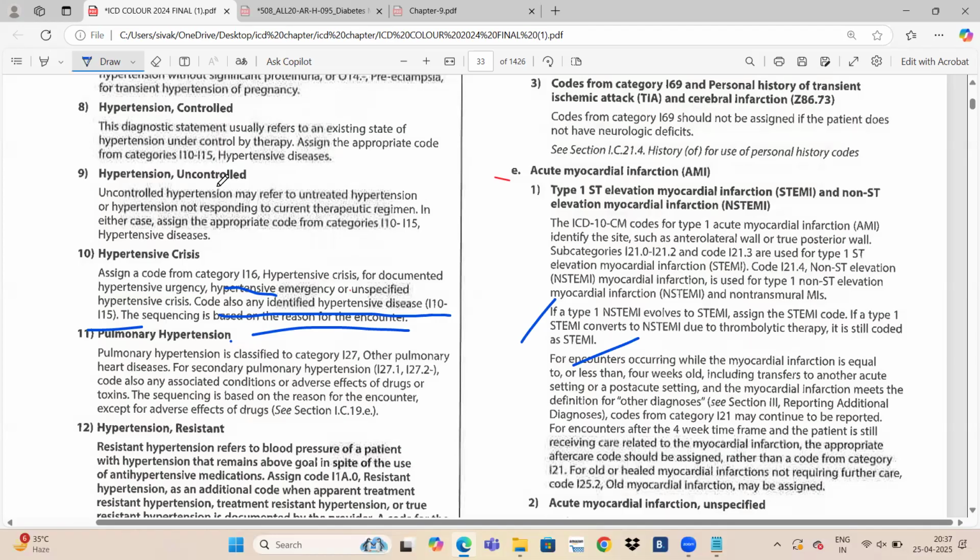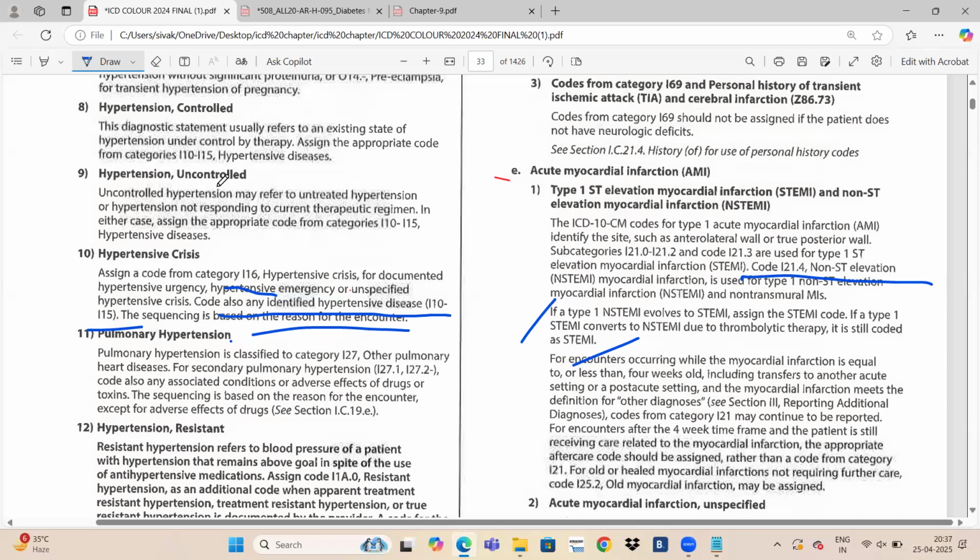One question you will get in this concept: the patient has non-ST elevated myocardial infarction, what is the ICD code? I21.4, non-ST elevation myocardial infarction. Patient comes with chest pain and elevated troponin, and they identify the patient has non-ST elevated myocardial infarction.